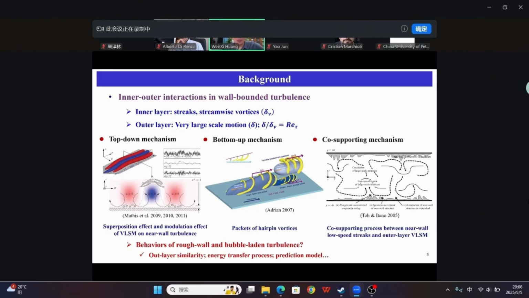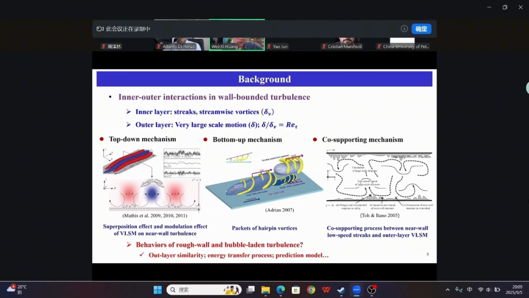But people also report different mechanisms, like the top-down mechanism proposed by Professor Marusic from Melbourne, which shows some superposition effect and modulation effect, and also the bottom-up mechanism. One typical example is the formation of packets of hairpin vortices. People also report some kind of supporting mechanism, interaction between the inner and the outer layers.